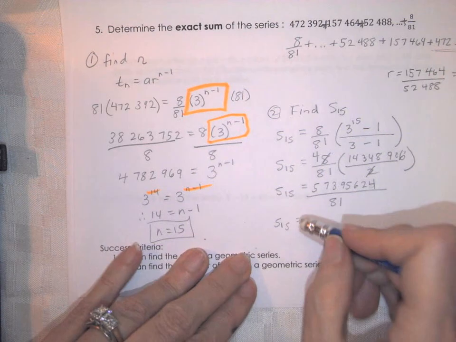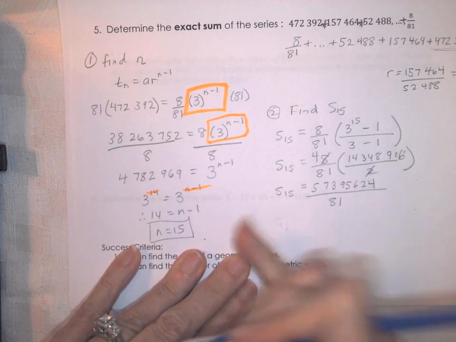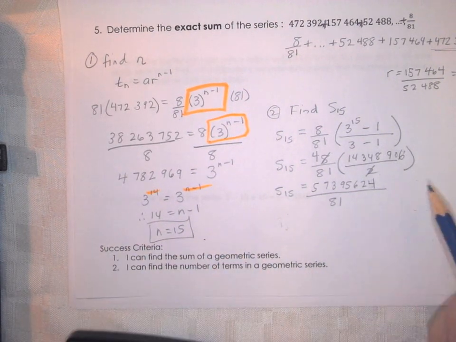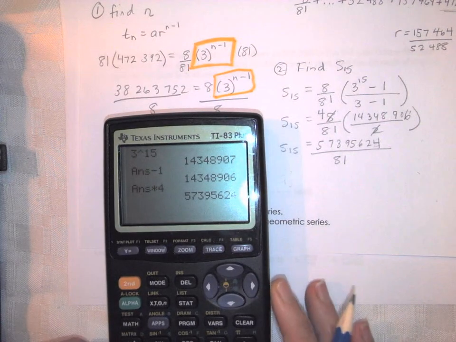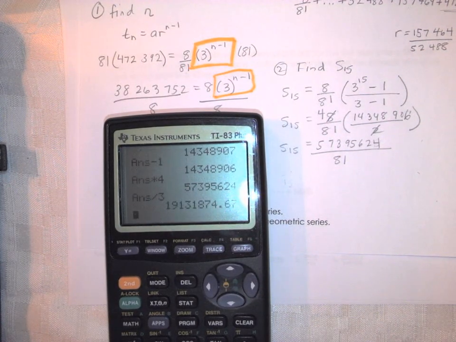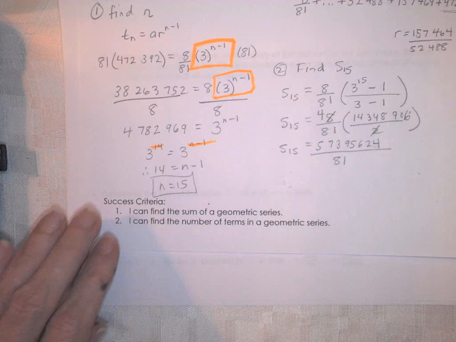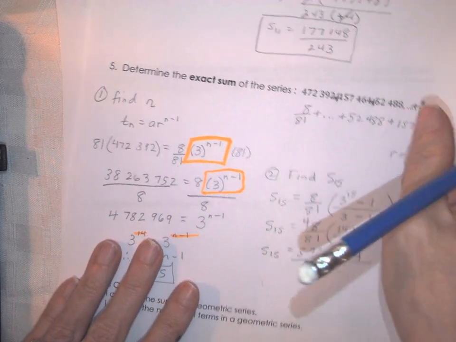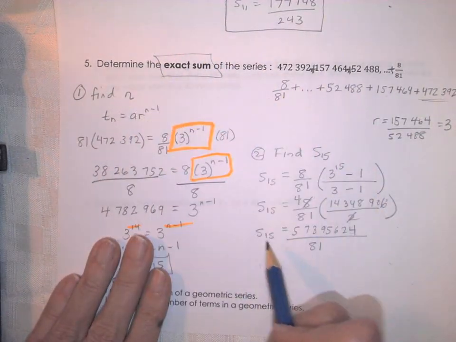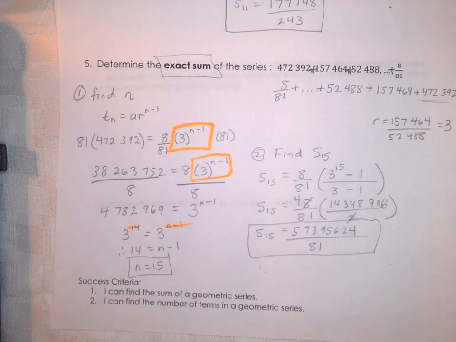So that's our answer. You could try dividing, I know 3 goes in, you could try dividing by 3, which I think I did. And you can't, you already get a decimal, so that's your exact answer. And see how it says exact sum? That's why we have to do all this work with fractions.